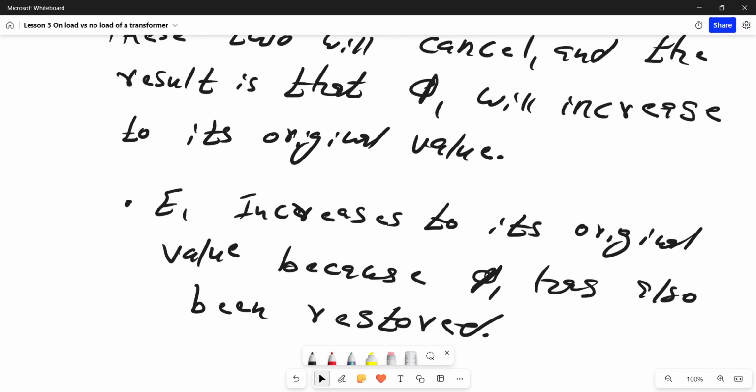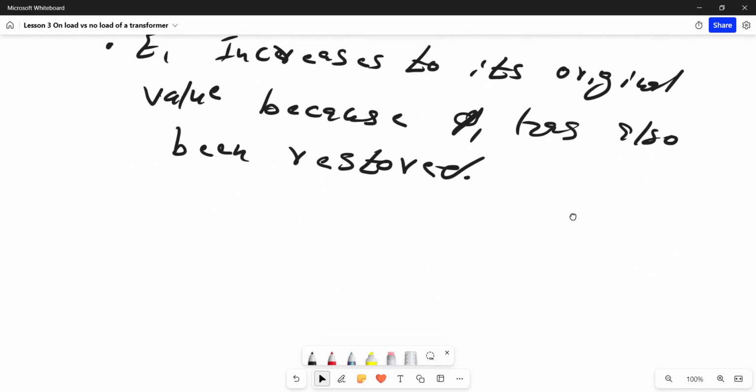Flux 2 and flux 3 cancel each other, flux 1 returns to its original value, and this causes E1 to also return to its original value.